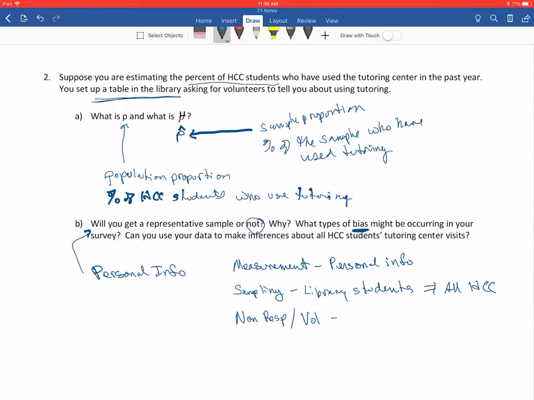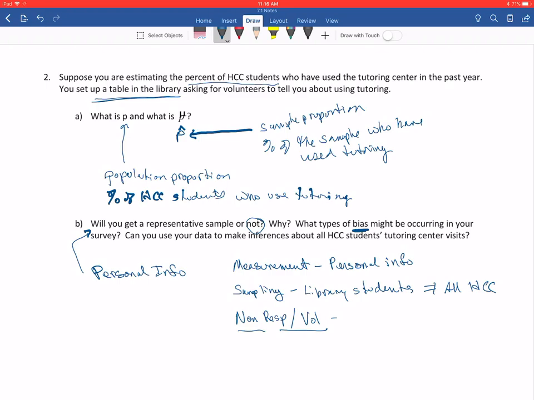And also maybe the ones who do answer are the ones who feel, again, very strongly one way or another about tutoring. Either they've had a really, really great experience or they had a terrible experience. And those are going to be the ones who are likely to actually talk to you about it. So I think that usually if you have one of those, you end up having the other one as well. I think they kind of speak for themselves.